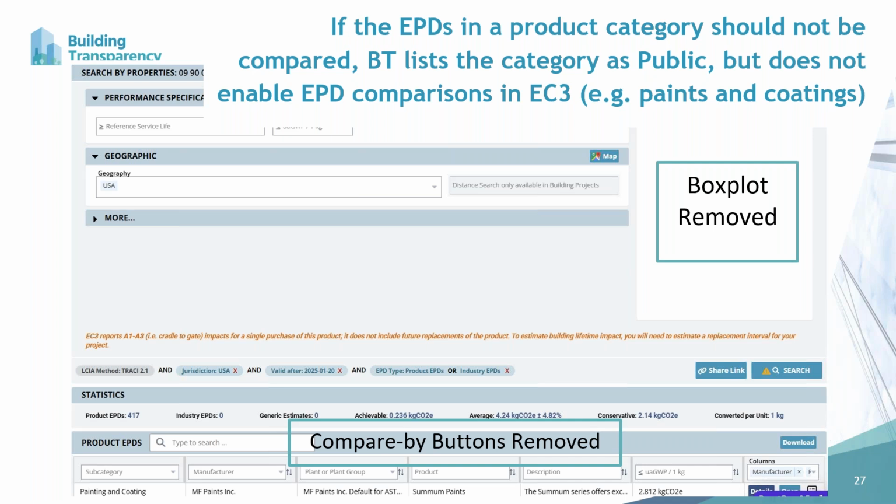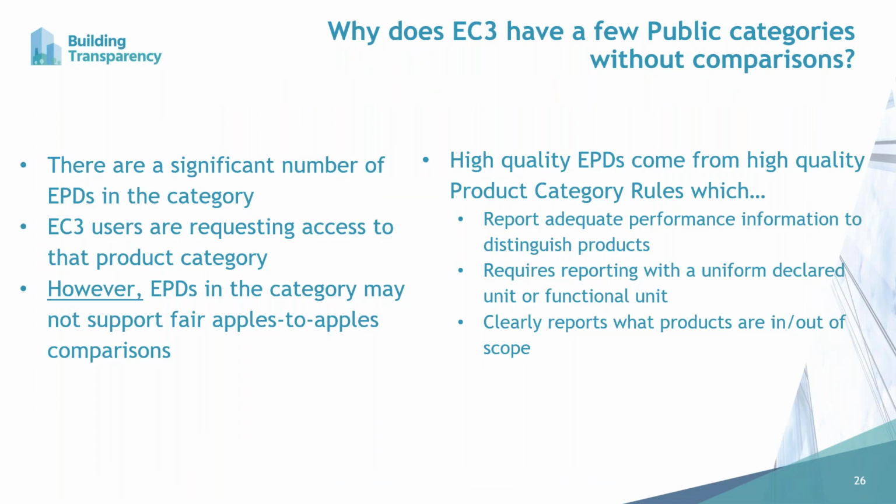This happens when multiple declared units are possible on EPDs from the same category, or when not enough performance information is reported on EPDs.